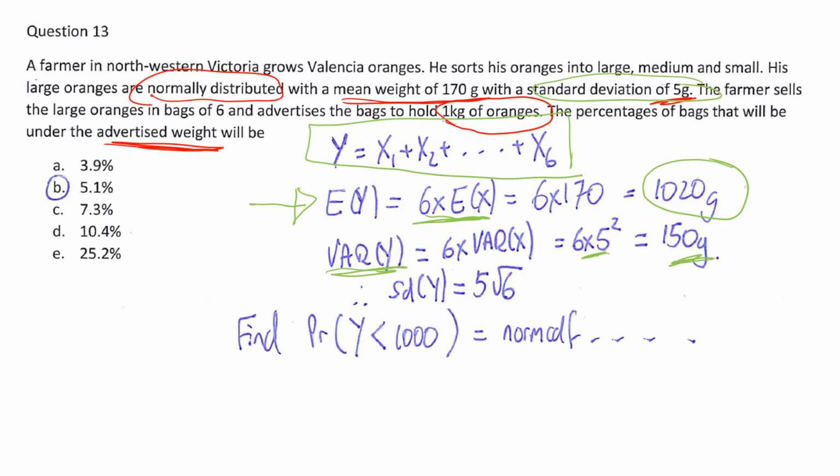We take the square root and we get the standard deviation in grams of bags of 6 oranges. So find the probability that this Y variable will be less than 1,000. It's all about our norm CDF using expected value 1,020, standard deviation of 5 root 6. Turns out to be 5.1%.